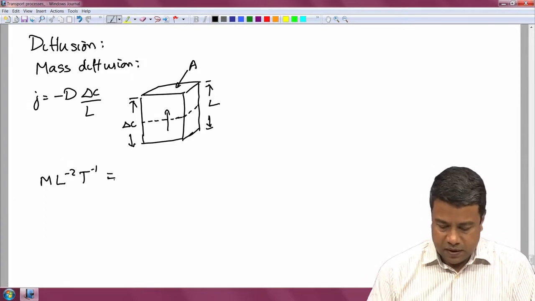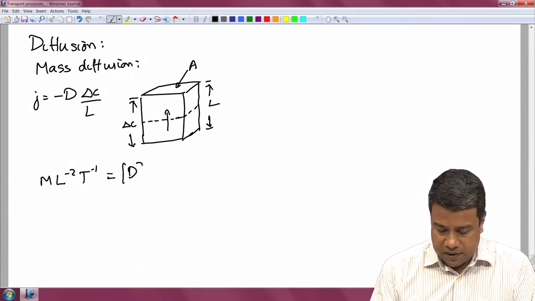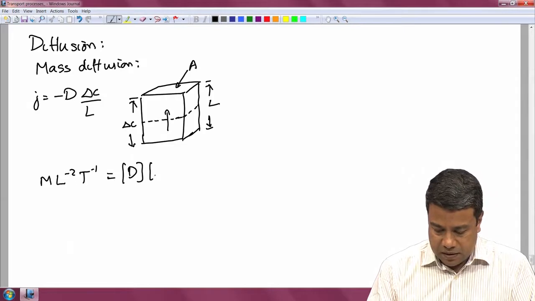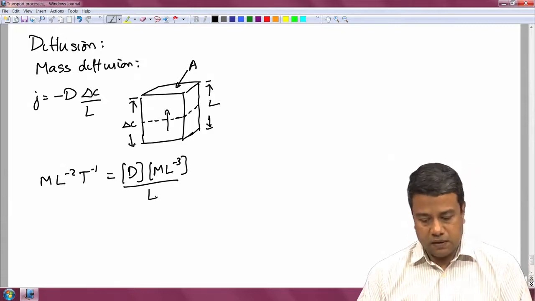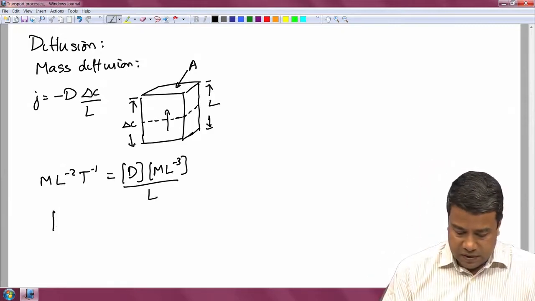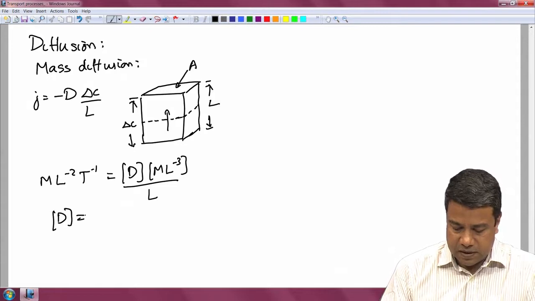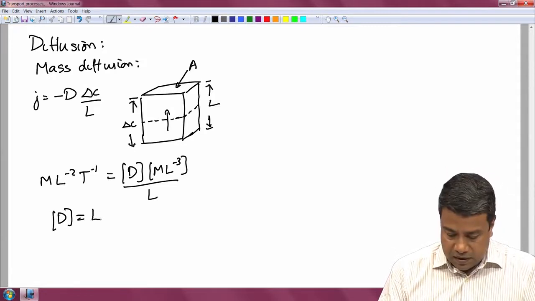It is equal to this diffusion coefficient times concentration, which has dimensions of mass per unit volume, divided by L. And therefore, this diffusion coefficient has dimensions of length square T inverse.